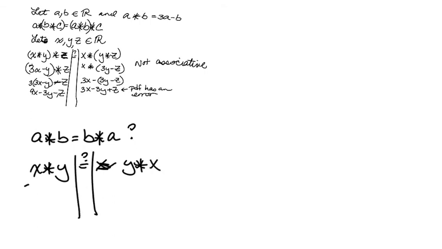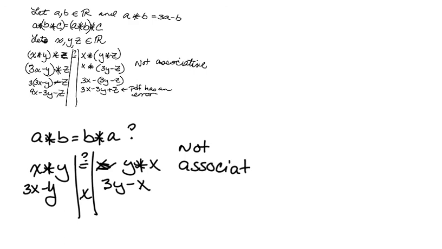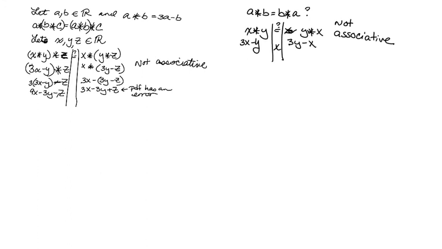This becomes 3x minus y. And this becomes 3y minus x. Are those the same? No, they're not. So not commutative. Put that up there. I'm learning things.